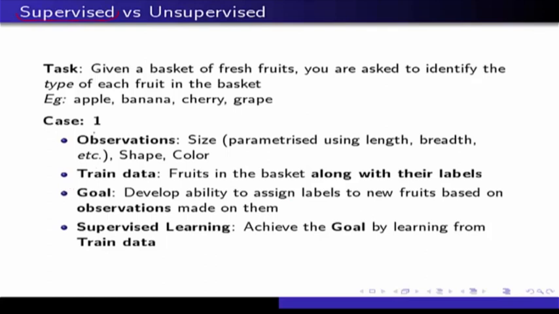So what would be the observations? For a new fruit, you would again observe the size, in this specific case parameterized by length, breadth, shape, color, and so on. And based on these observations, you try and predict what the label of the fruit is.